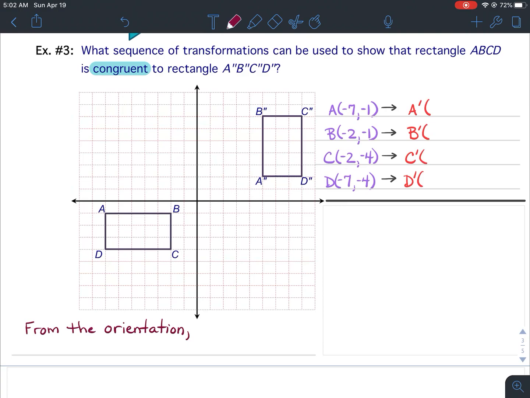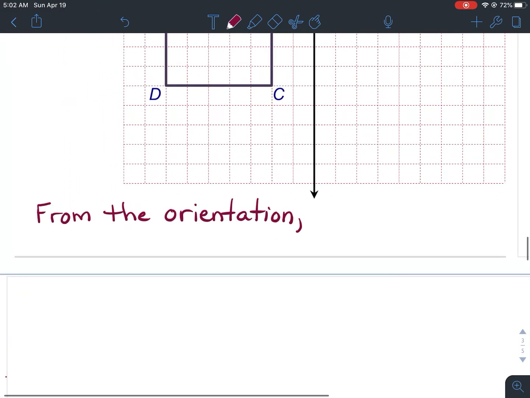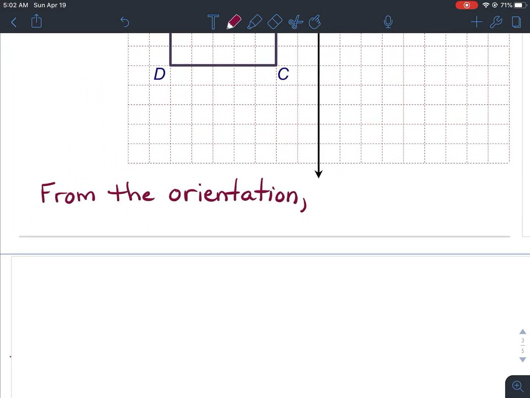So from the orientation, we know that there was a 90 degrees, and this direction is counterclockwise. And remember, 90 degrees counterclockwise is the same thing as 270 degrees clockwise rotation.